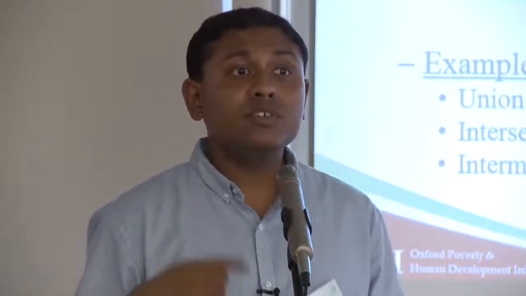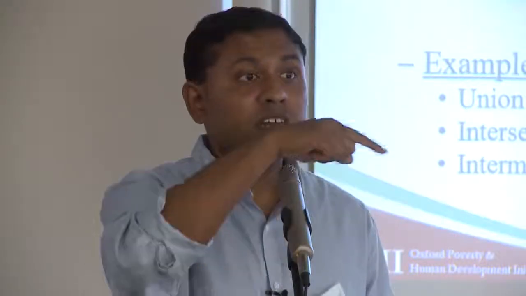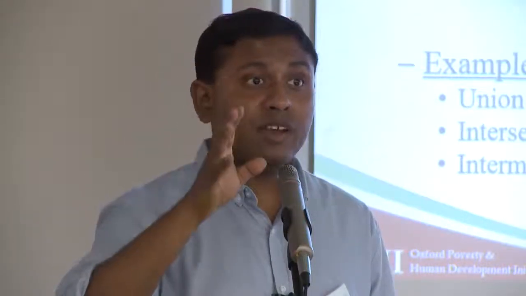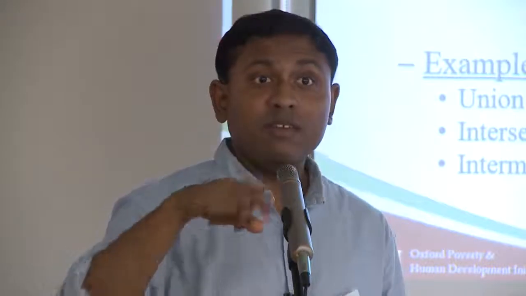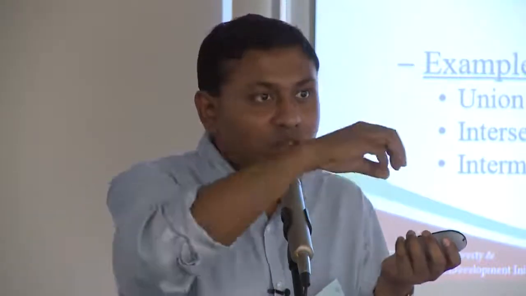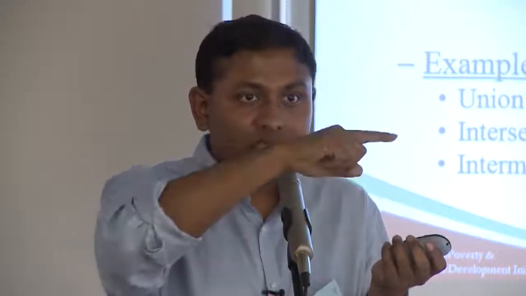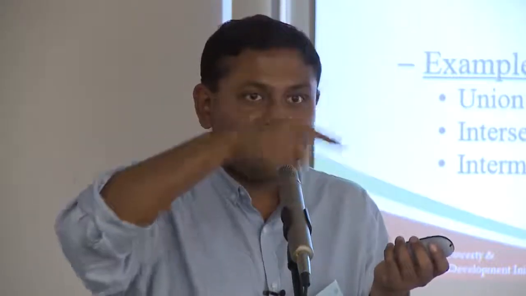In this criterion, a person is identified as poor only if the person is deprived in all indicators. So if you have say 4 dimensions, a person is identified as poor only if the person is deprived in all dimensions at the same time. So you see how these multidimensional criteria can use the idea of joint distribution during identification. You are using the information of each person in all dimensions. You are not just identifying the poor based on one dimension.